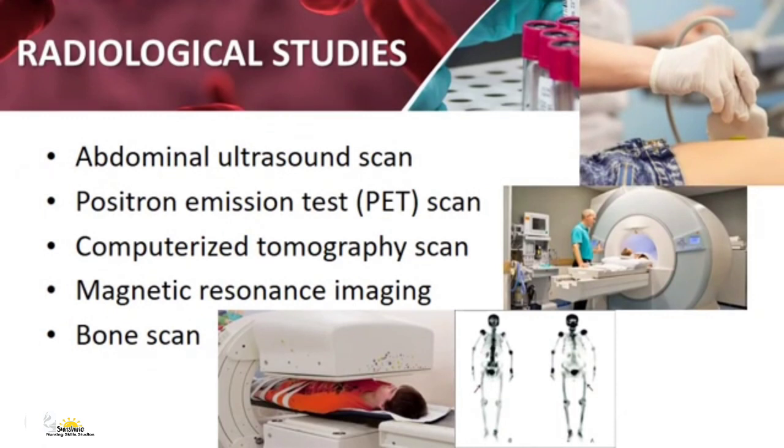Coming to the radiological studies, we will go for abdominal ultrasound, positron emission test, PET scan, computerized tomography or CT scan, MRI and bone scan. In ultrasound scanning, we will mainly diagnose for splenomegaly and hepatomegaly. And in bone scan, except for evaluating the structure of the bones will be done.